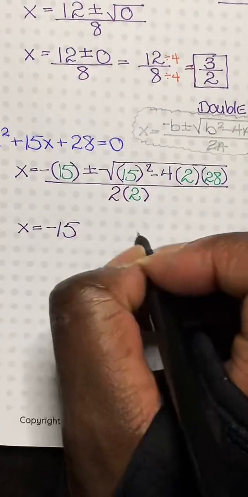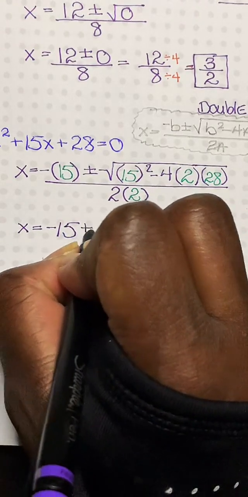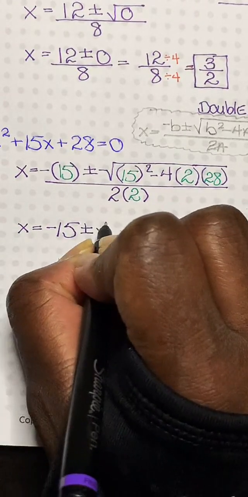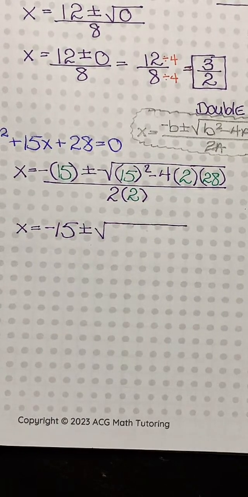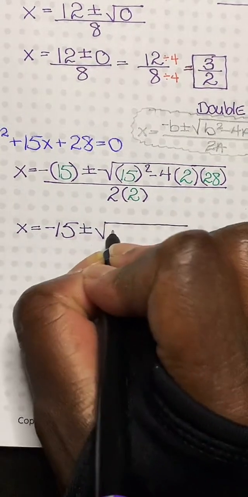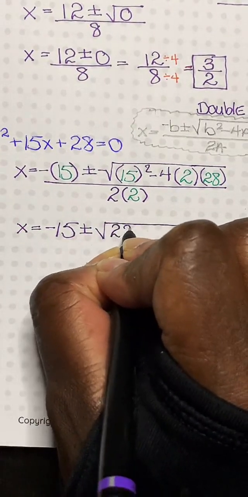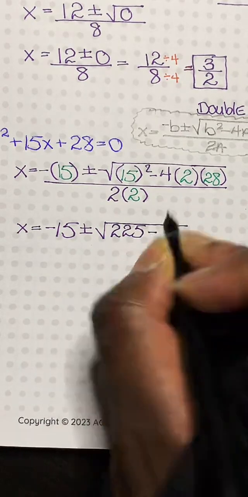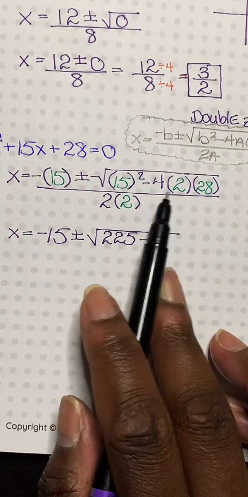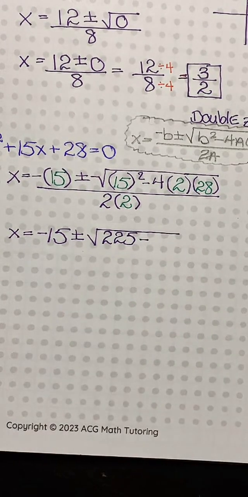So now we have plus or minus the square root of 15 squared. I think that's 225 if I'm not mistaken. Minus 4 times 2 gives me 8.